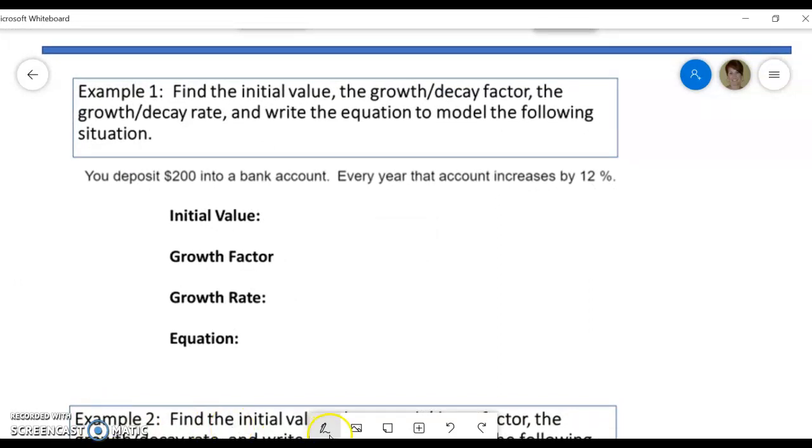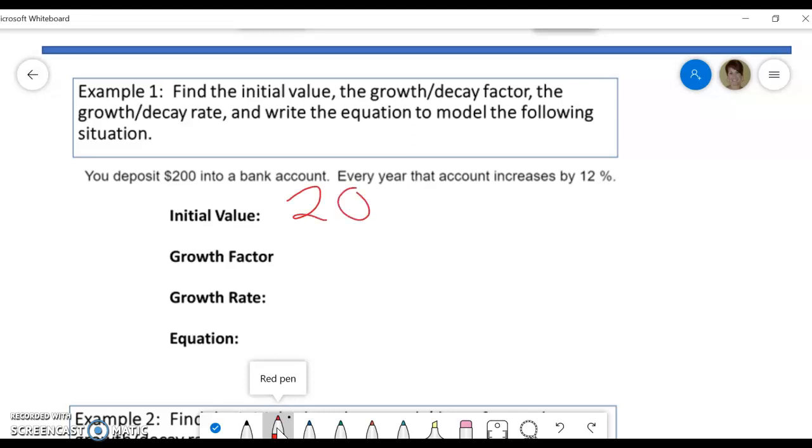A lot of these examples will sound familiar, hopefully. If you are going to deposit $200 into a bank account, every year that account will increase by 12%. So right now, the initial value, I think you all understand, is $200.